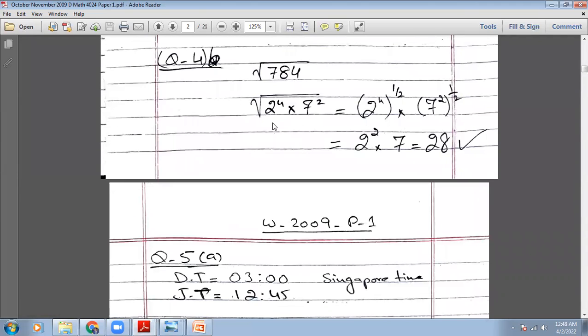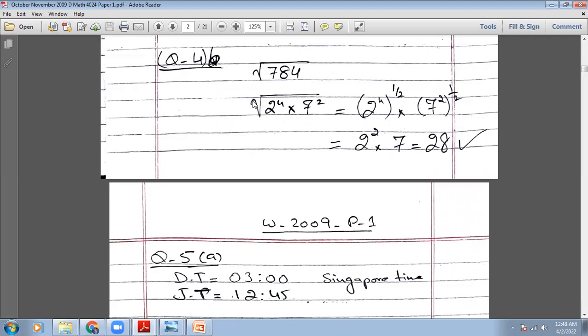So 784 in its prime factors is 2 raised to the power 4 multiplied by 7 square, and we have to take the square root of this. You know, in the index form, square root means raised to the power 1 by 2.